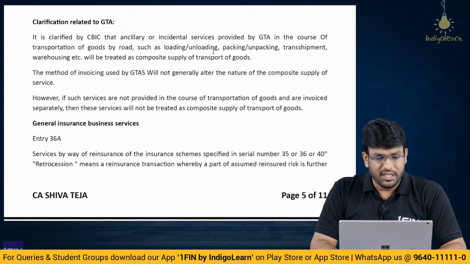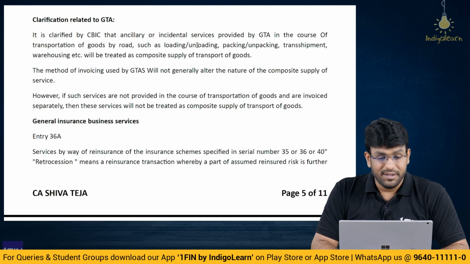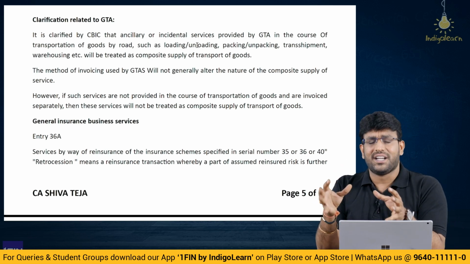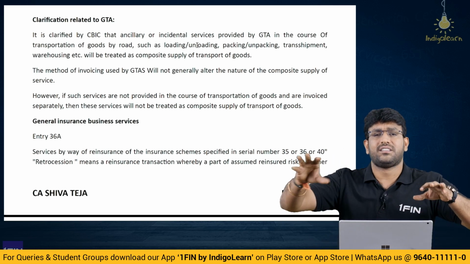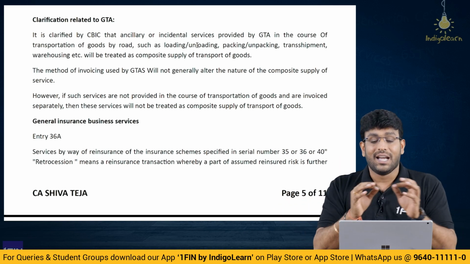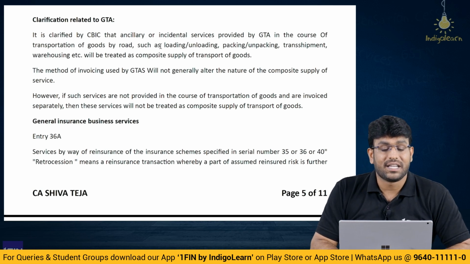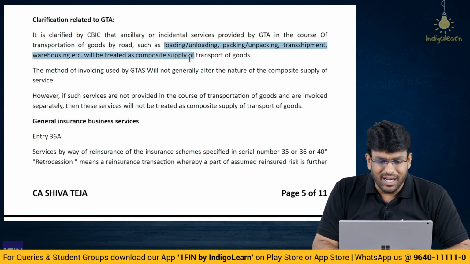Next. Some interesting clarification related to GTA service, goods transport agency, my dear friends. That is, a goods transport agent is not somebody who is just engaged in transportation of goods, but along with that he also provides some ancillary services like packing, warehousing, loading, unloading, all those activities are done. And that is clearly regarded as generally composite supply.